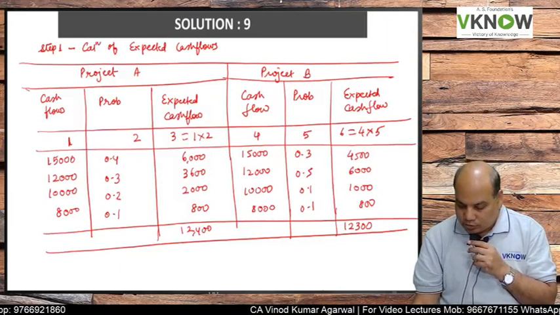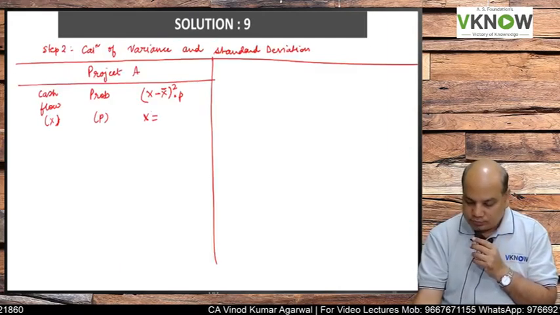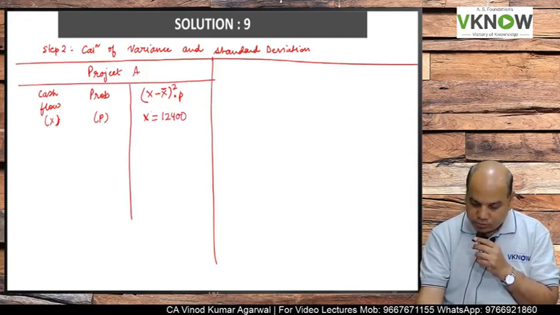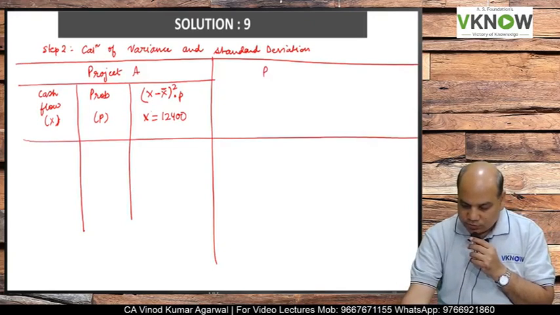Expected value of A, which is here 12,400. Can you see that? So every time you have to deduct 12,400. I hope with lot of practice you will be able to do it faster also.